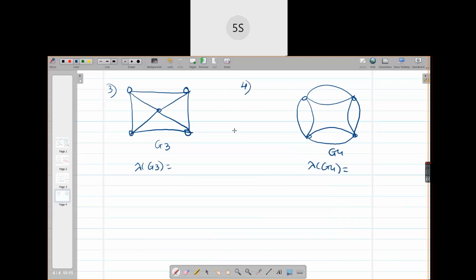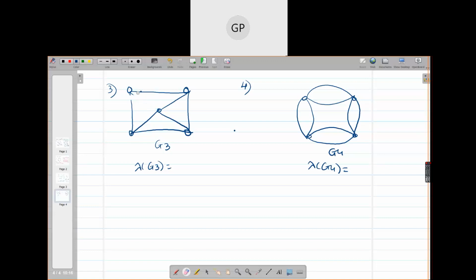So what is the edge connectivity of G3? How many edges do you have to delete at a time? 3. Yes, 1, 2, 3. If I delete these 3 edges, for instance, the graph becomes disconnected at this particular vertex.